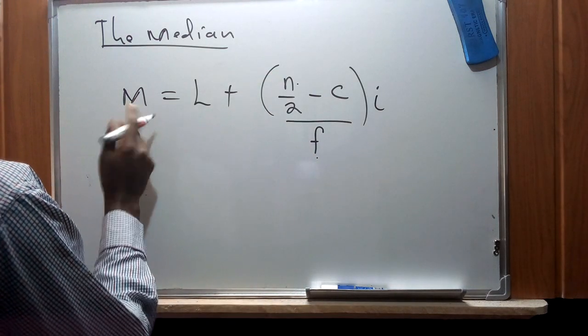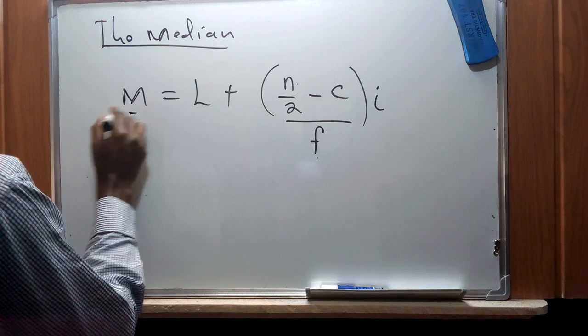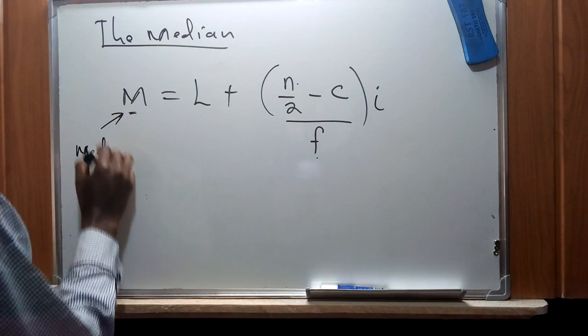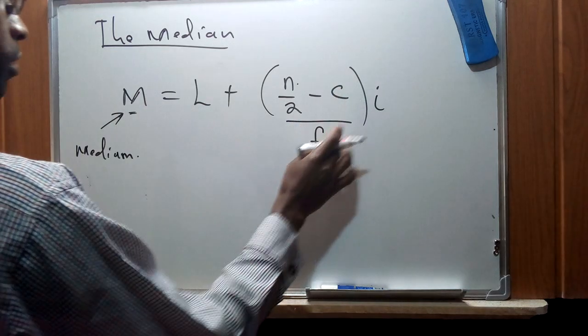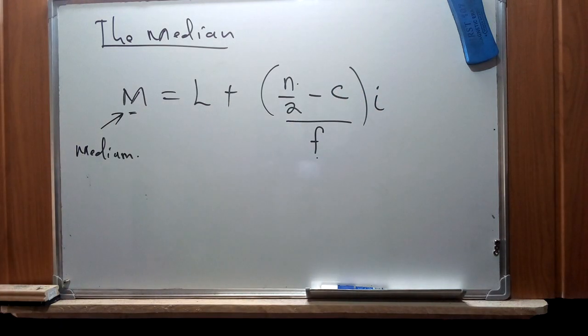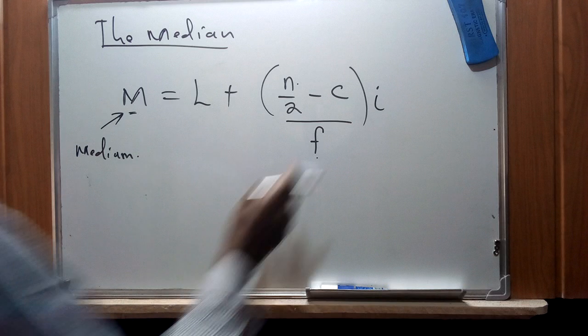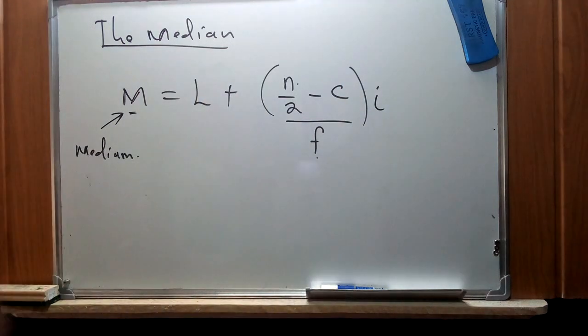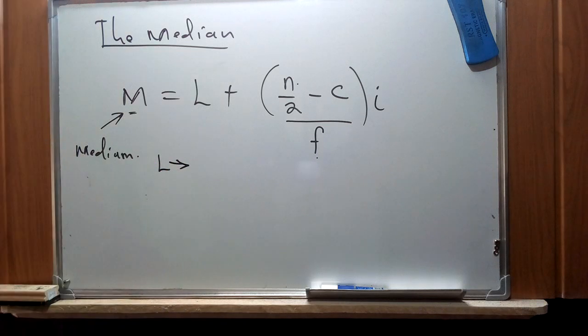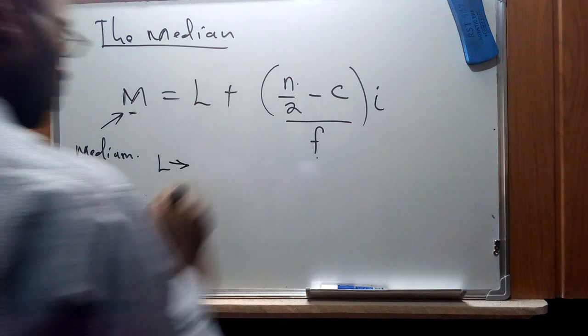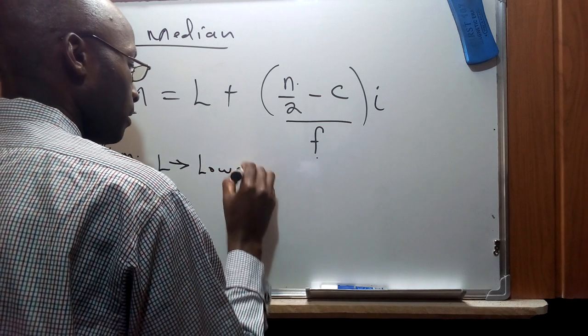And this one refers to the median. Therefore, we are going to concentrate on trying to define, or give an illustration of, what these 3 or 4 specific concepts mean. Now, in this case, for L, this L implies the lower limit of the median class.